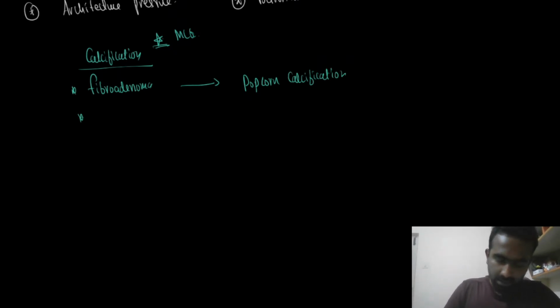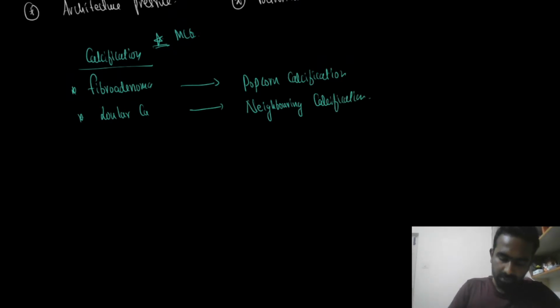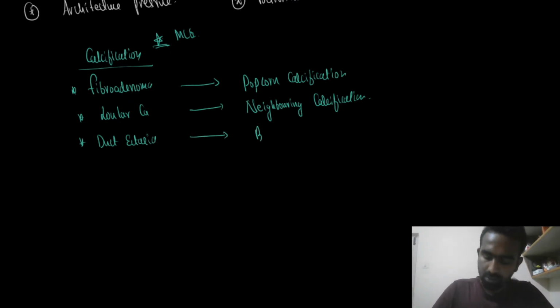In case of lobular carcinoma, we see neighboring, surrounding calcification. In case of duct ectasia, it looks like broken needle type of calcification.